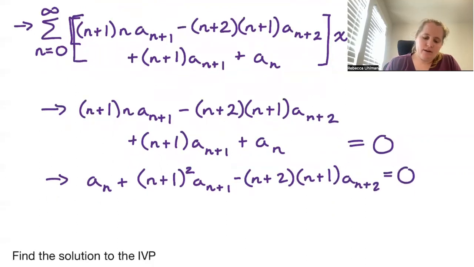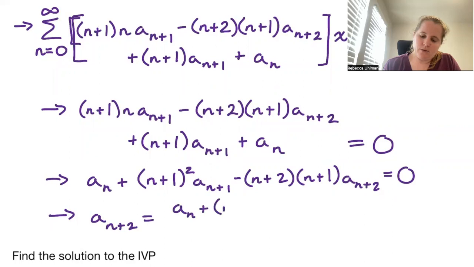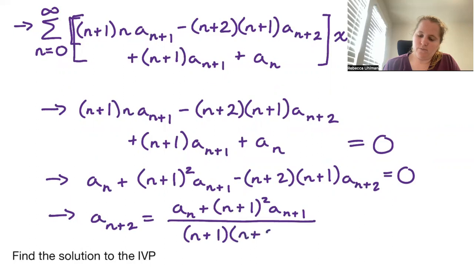So what we get is that a sub n plus 2 is equal to a sub n plus n plus 1 squared times a sub n plus 1, all divided by n plus 1 times n plus 2.